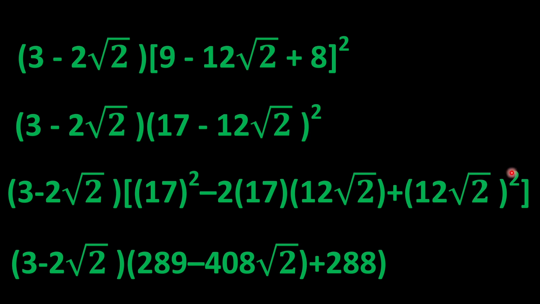Why 2? Because this square will cancel this square root. Now we will add this 288 with this 289, minus 408 under root 2.